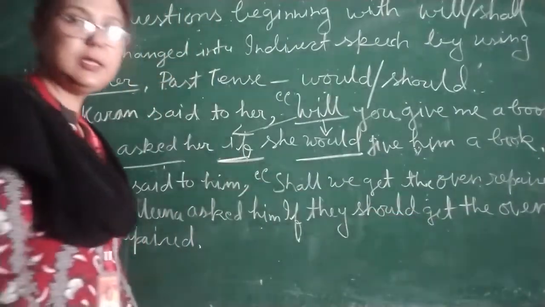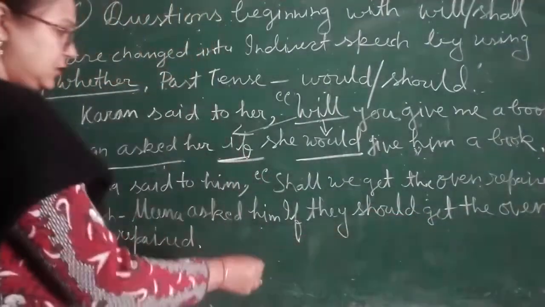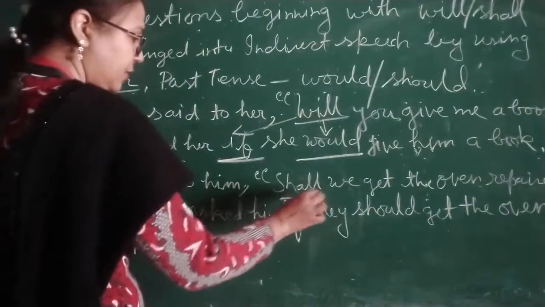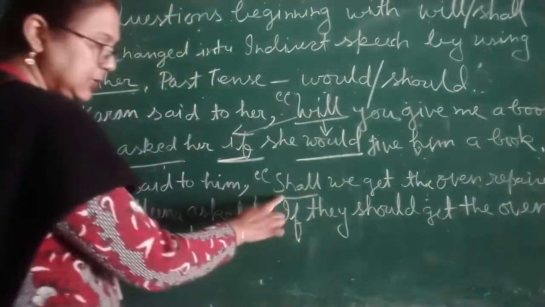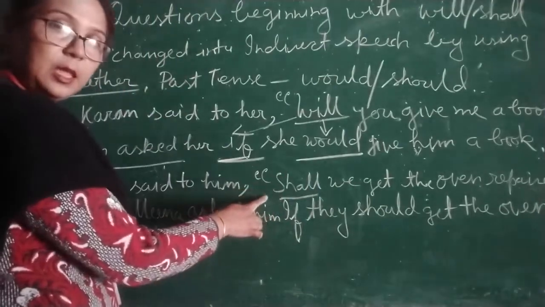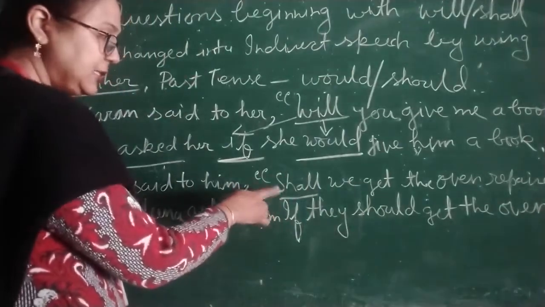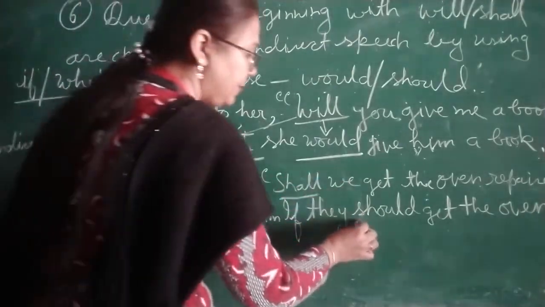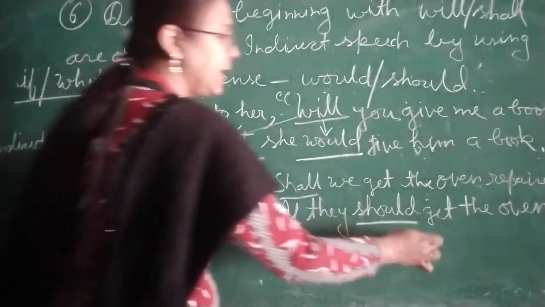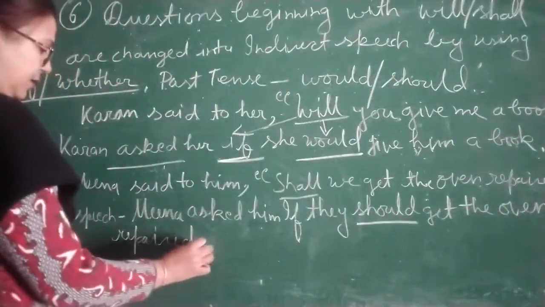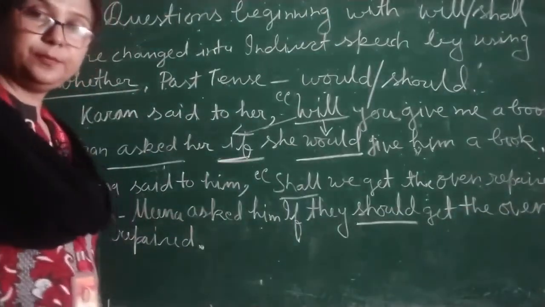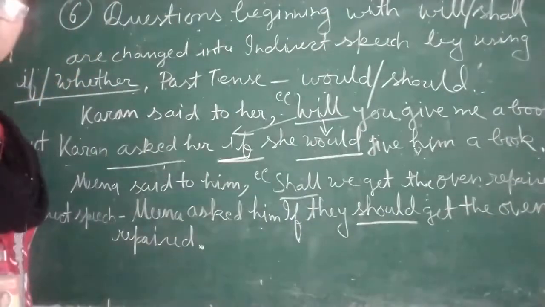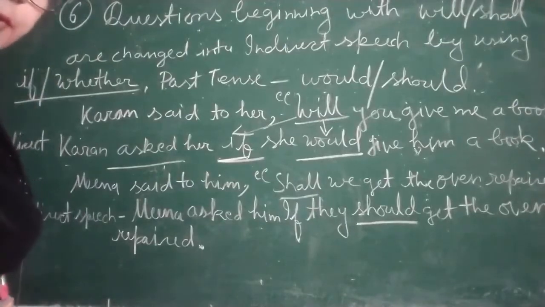In place of shall we have used if, and because this is in future tense, simple future tense, so we have to write in the past tense. So they should get the oven repaired, and after that we have already used full stop. Okay children? So this rule we have discussed.